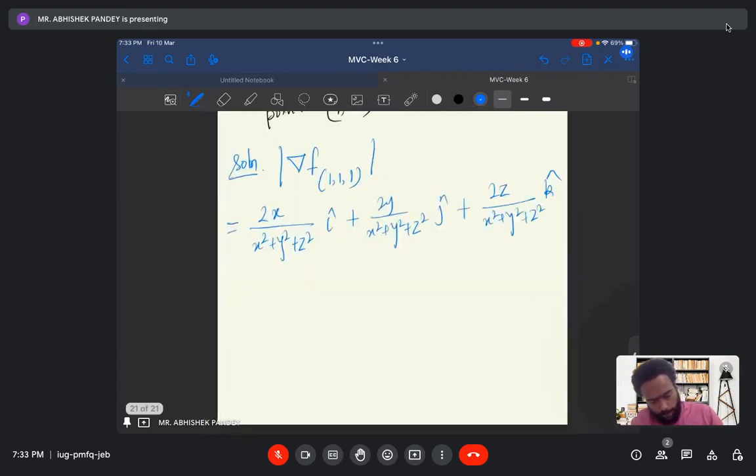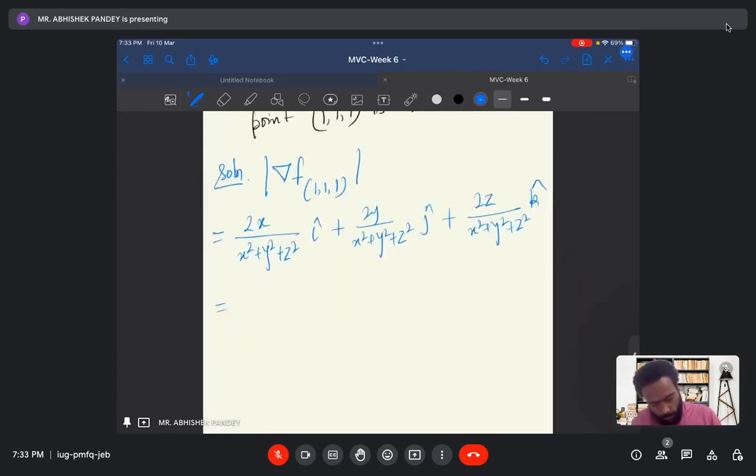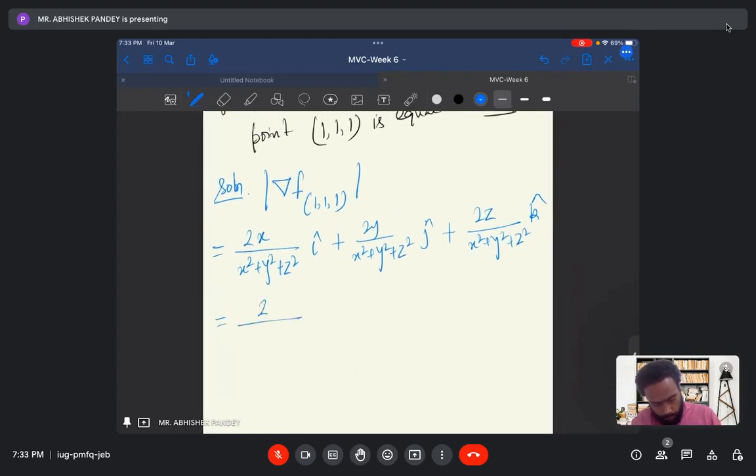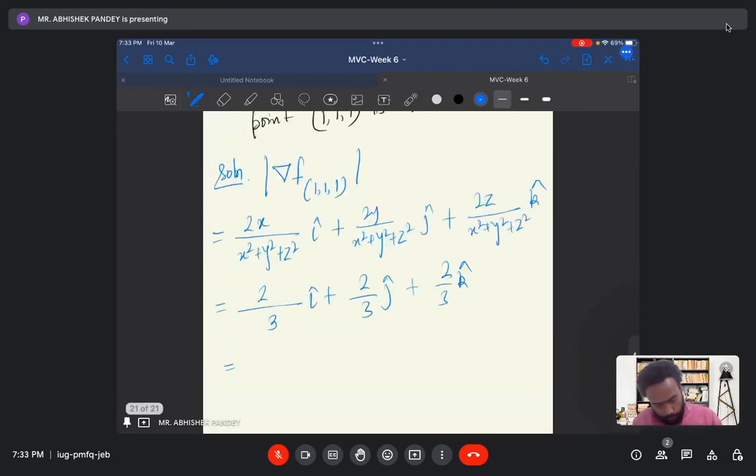At the point it will be 2 upon 3 i cap plus 2 upon 3 j cap plus 2 upon 3 k cap. So the modulus will be 4 by 9 plus 4 by 9 plus 4 by 9, so this will be 2 by root 3, isn't it? Okay, so this is your answer.